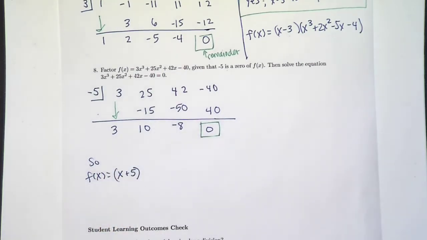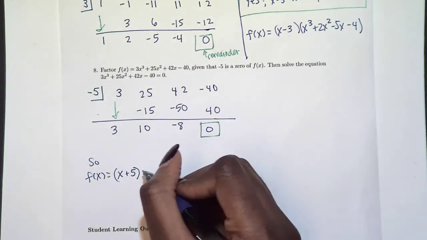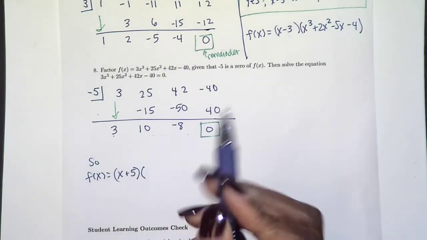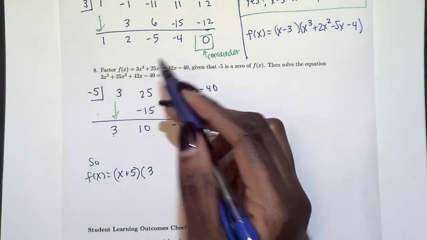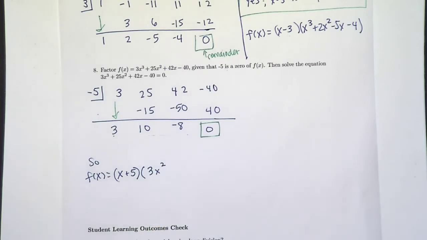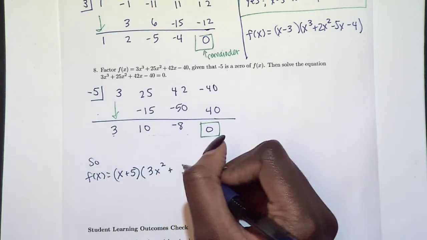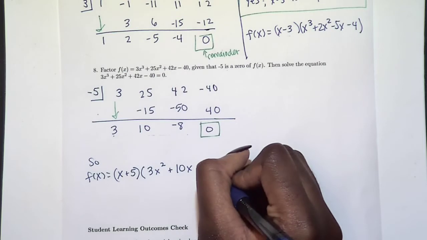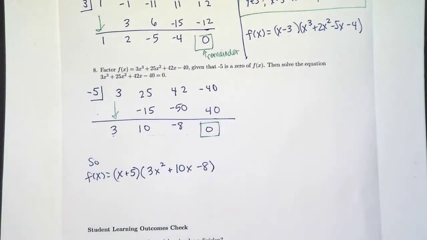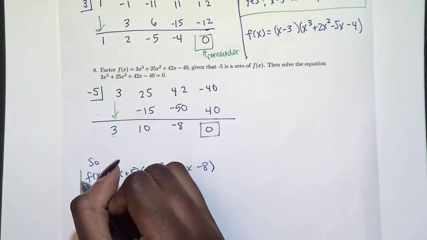Remember, we changed the sign here. And then what's the other piece? We just use what we got as our answer, reducing the power: 3x squared plus 10x minus 8. So we were able to factor this even more. That's the first answer. We have factored our function.